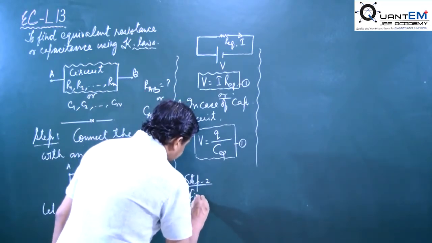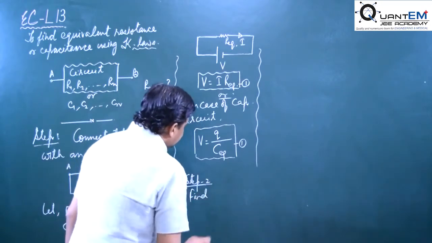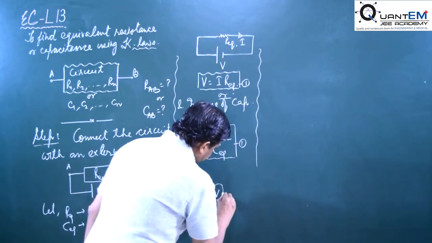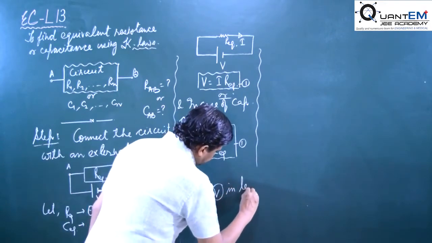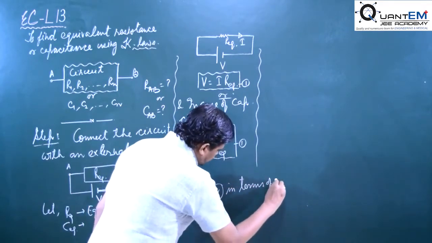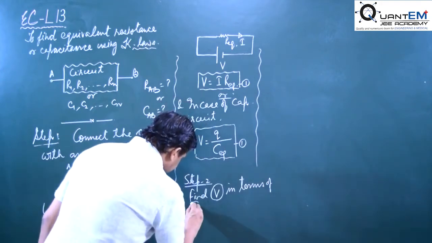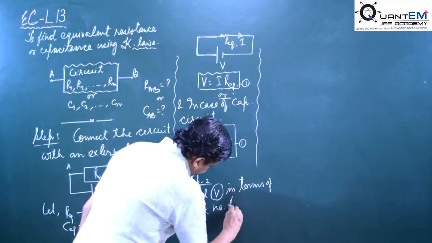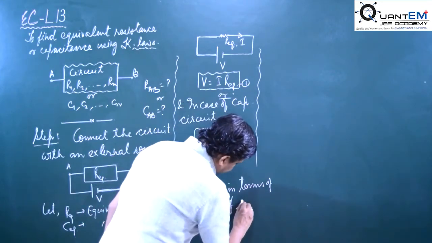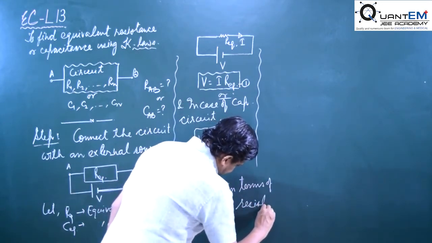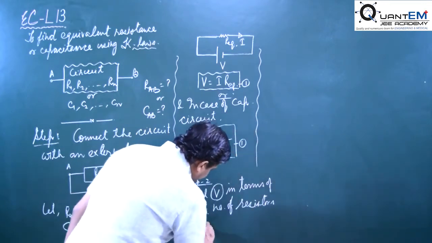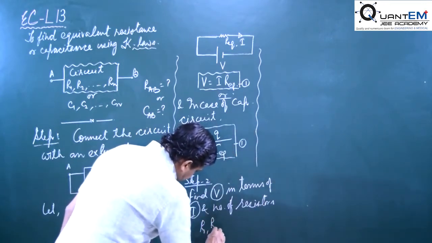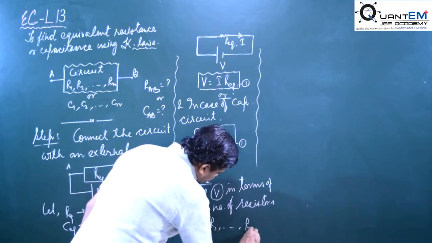Now find V, the supplied potential, in terms of the supplied current I and the number of resistors we have, suppose R1, R2 and so on up to Rn.